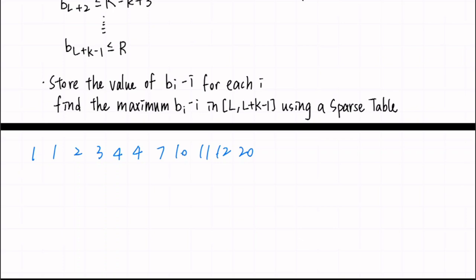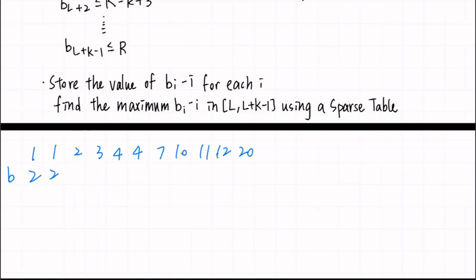And so b_i for the first value will be 2, since this is the first index that has a value greater than or equal to 2 times a_i. For the second value, this will also be 2.